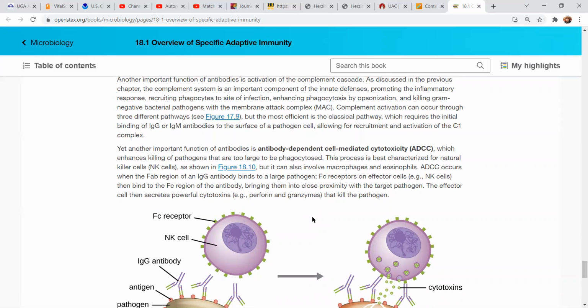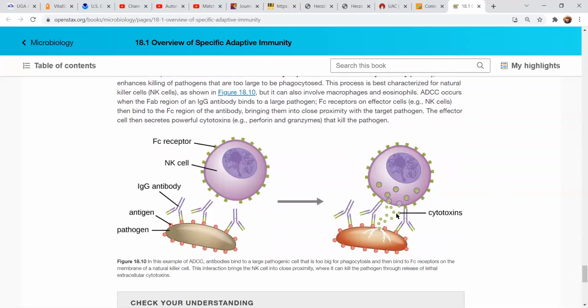This is when we have pathogens that are too large for our phagocytes to be able to ingest them. And so one of the cells that we see do this, we talked about, were the natural killer cells, but macrophages and eosinophils can also do this. But basically what happens is an IgG antibody is going to bind to a large pathogen, and the effector cell doesn't ingest them altogether, but instead secretes these cytotoxins.